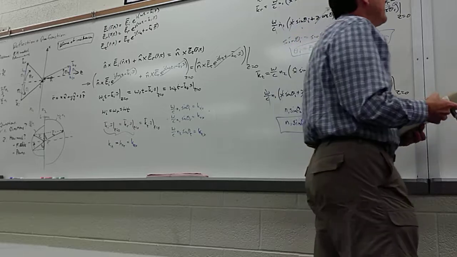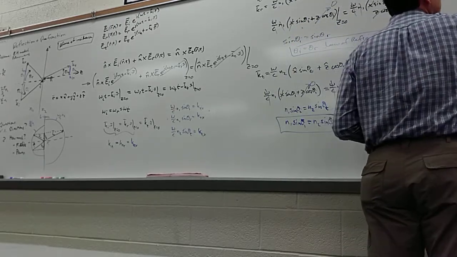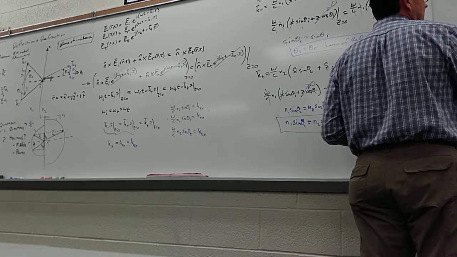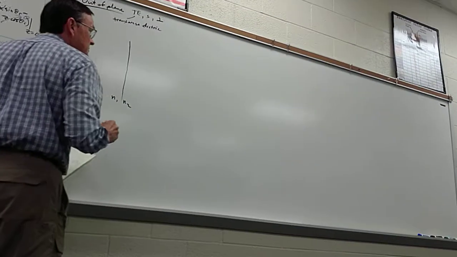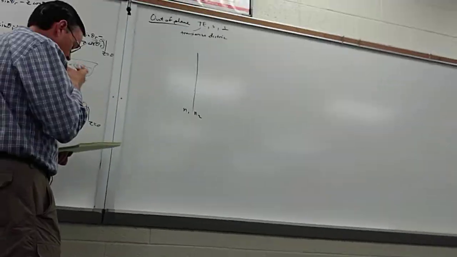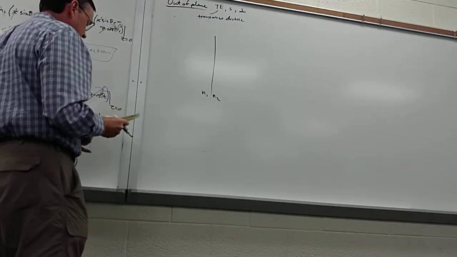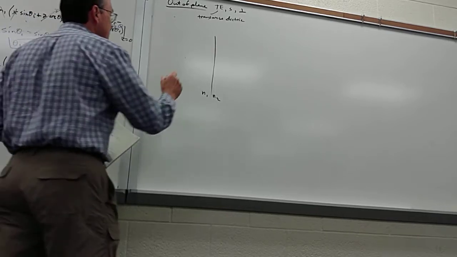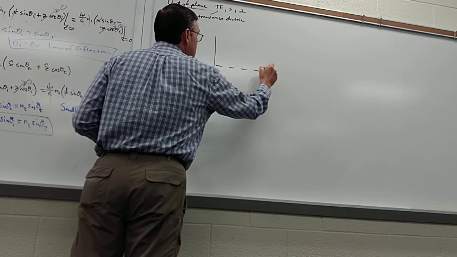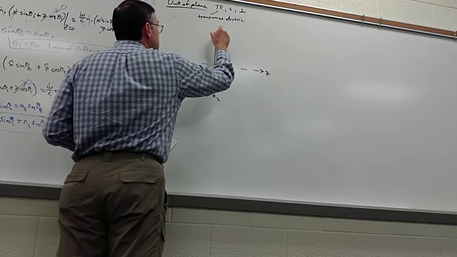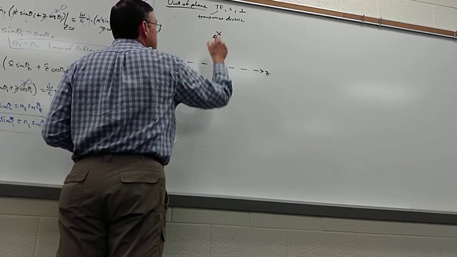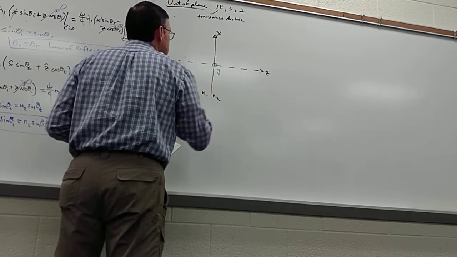And what we mean by that is if we redraw our boundary between two media, 1 and 2, then what we're saying, so this is the z-axis, x-axis, and y-axis is out of the board.